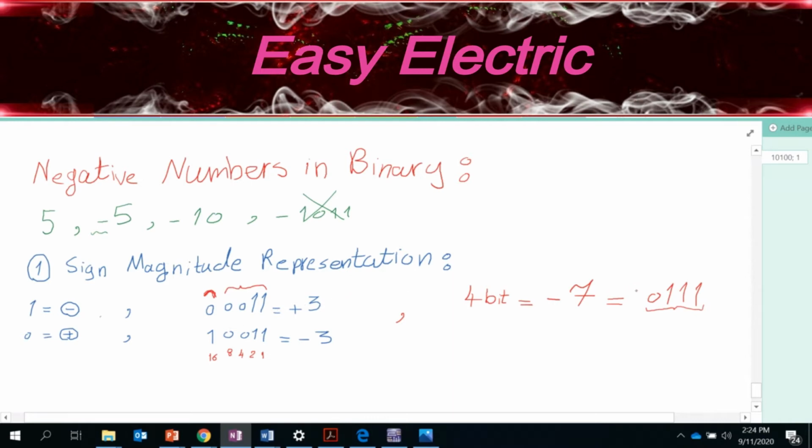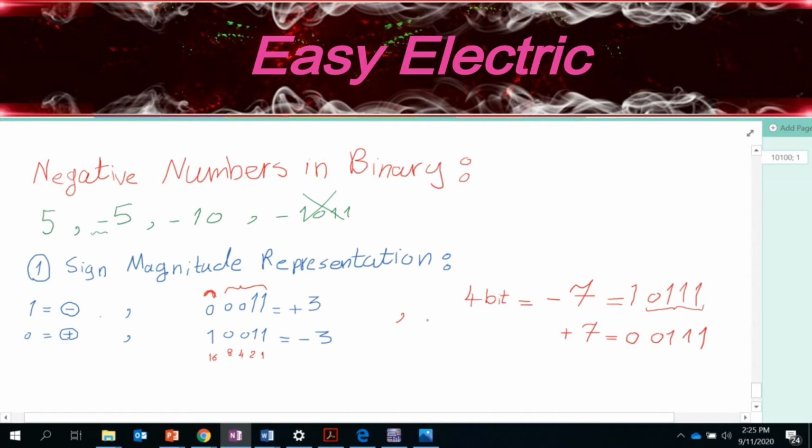Negative is 1, so this is 1. If you want to show positive 7, it's the same thing, this bit should be 0, then 0, 1, 1, 1. So this is sign magnitude representation.